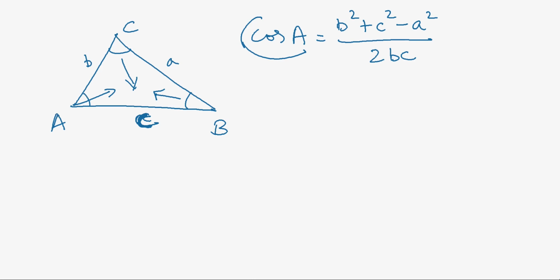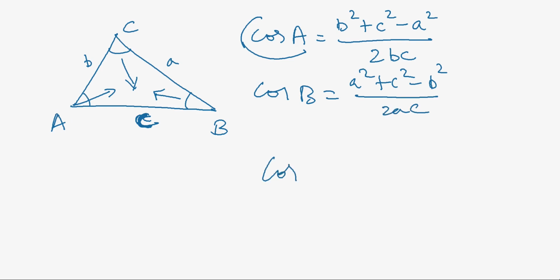Yes. And this will be useful in a place where we know the three side lengths and we are interested to find the three angles. Then cos A will look like that, cos B will look like a square plus c square minus b square over 2ac, and cos C will look like a square plus b square minus c square by 2ab.